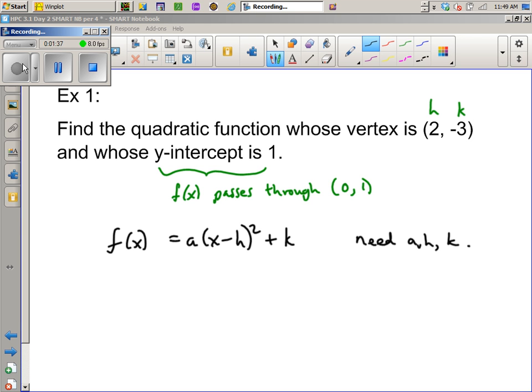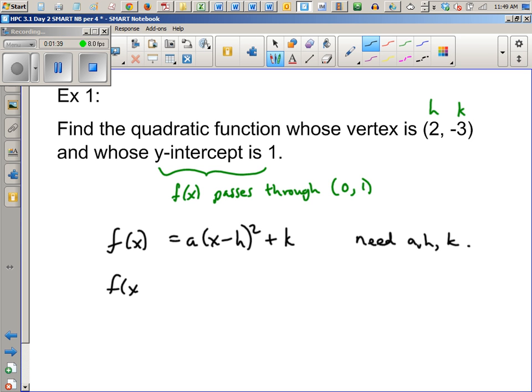Let's put those in. I'll make them green, because they were above there.